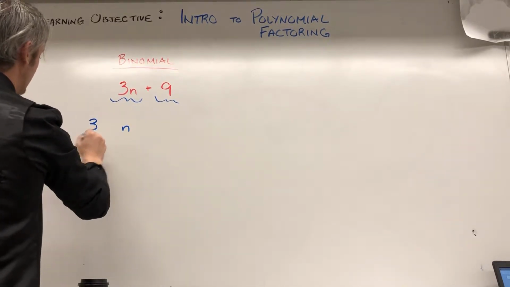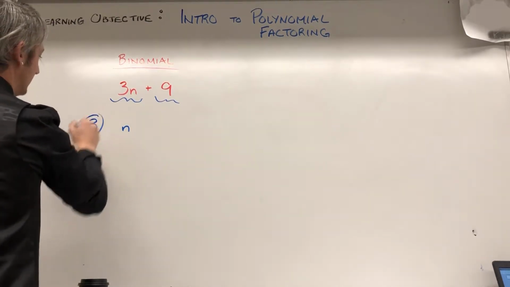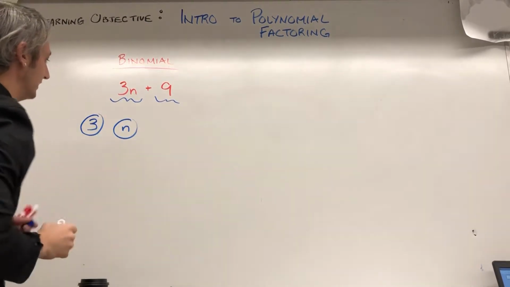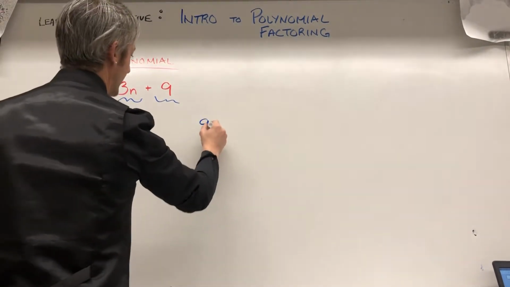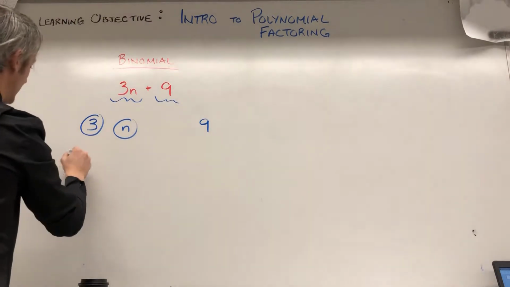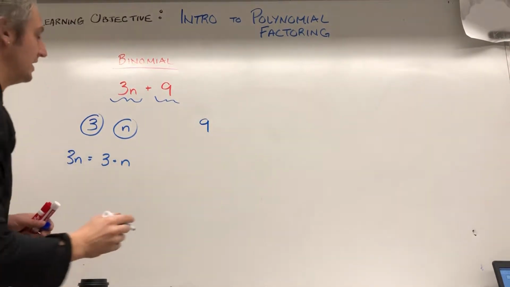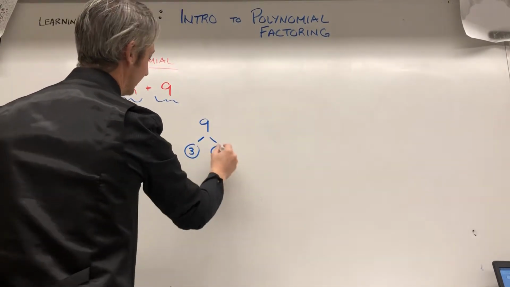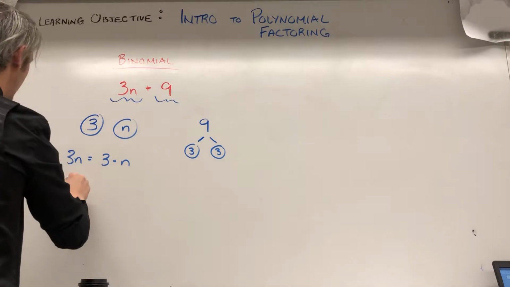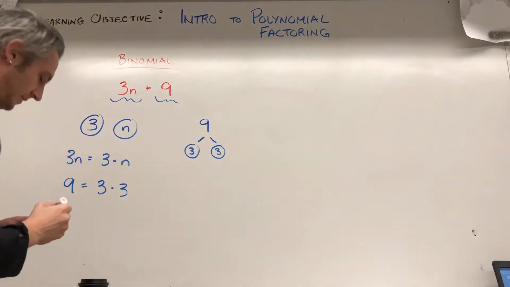The 3 is a prime number, so it cannot be factored any lower, and the n can't be factored any lower. So I can write 3n as 3 times n. The 9 factors down to 2 prime 3's. So 9 is equal to 3 times 3.